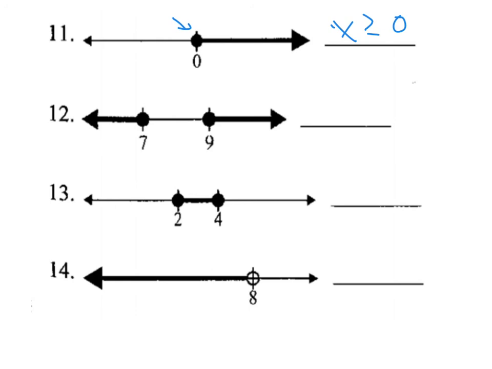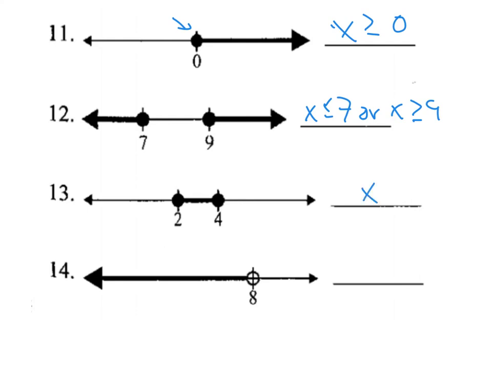With number 12, we have an or inequality, okay? So x is less than or equal to 7, or x is greater than or equal to 9. Okay. Number 13 is a little bit tricky. We've got x kind of in the middle here, right?